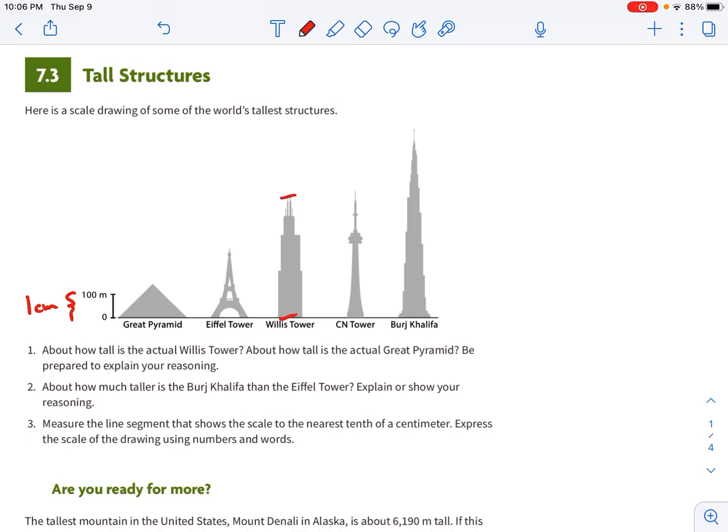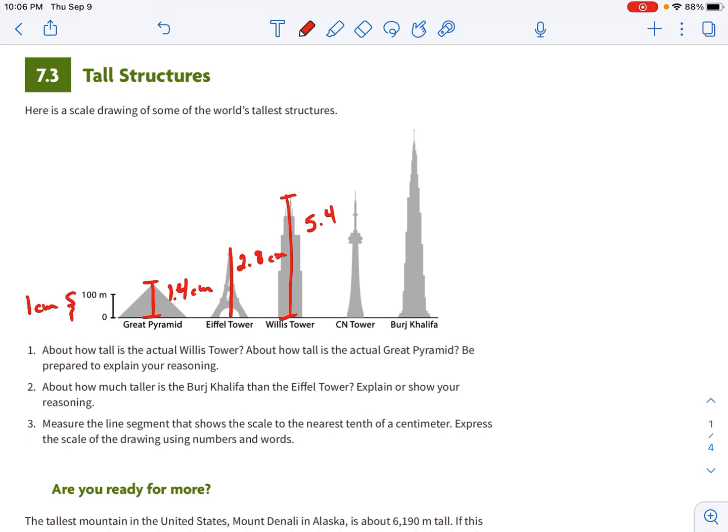When we measure the Willis Tower, it's about 5.4 centimeters. The Great Pyramid is about 1.4 centimeters. The Eiffel Tower is about 2.8, almost 3 centimeters.